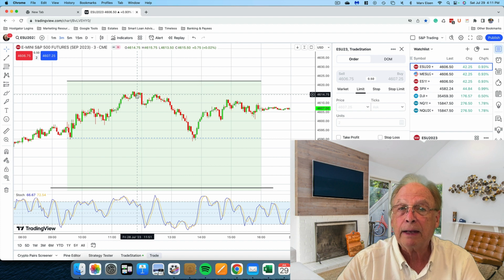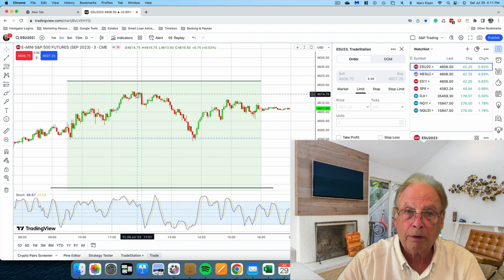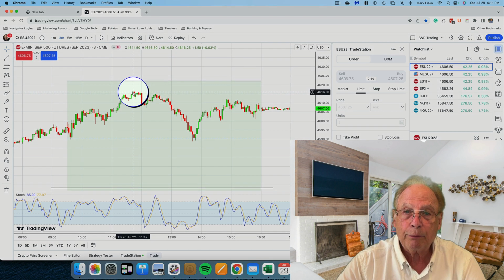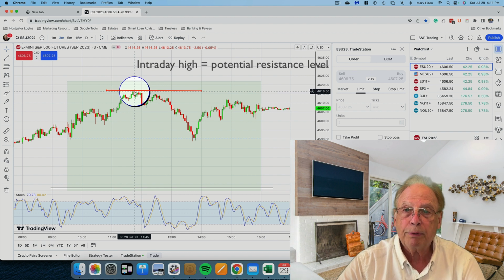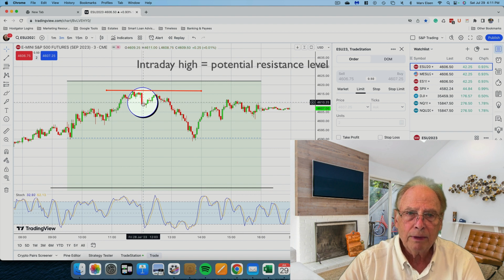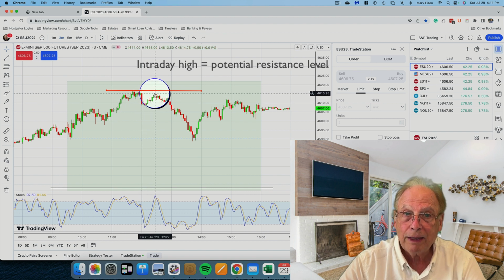And here's something that occurred, and I'll give you an example of a trade that worked out very well for a number of people. Here was the intraday high that was put in a little late in the day at about 11:45. The intraday high was put in at 46.16, and prices declined from there. They started to rise back up toward that level, but never quite made it.